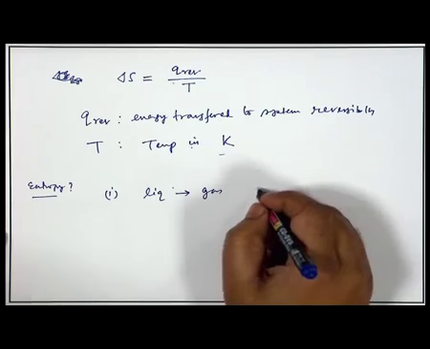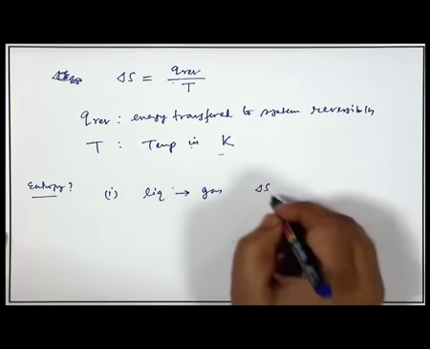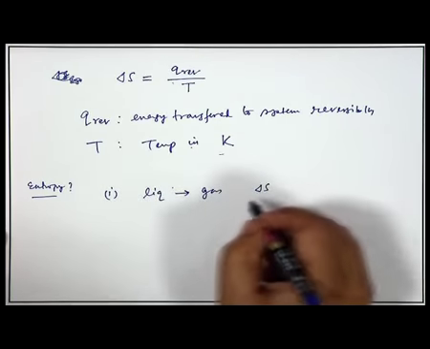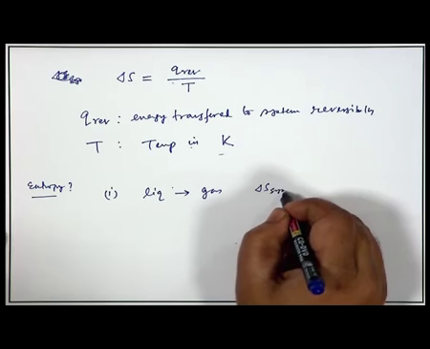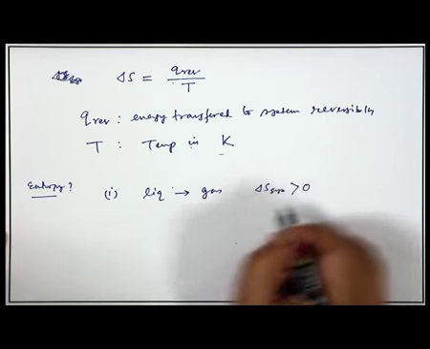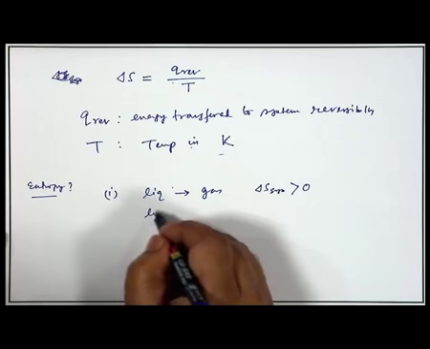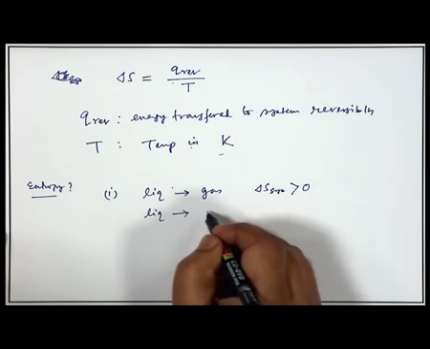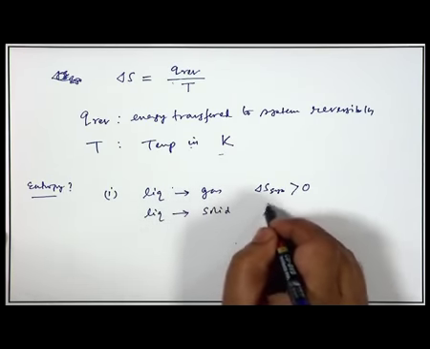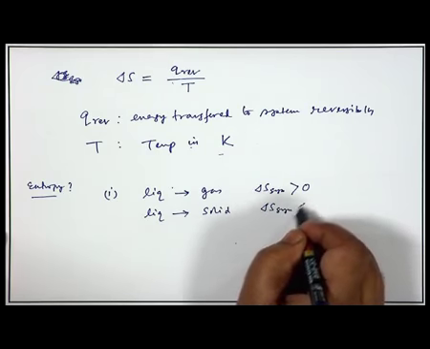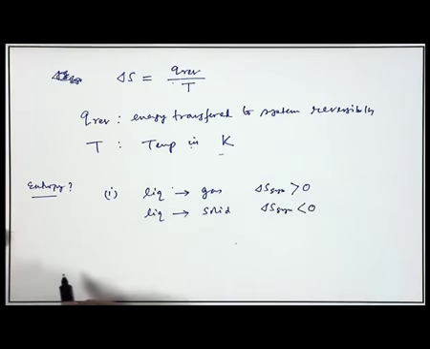What happens in this case? Delta S for the system, I am talking about liquid as a system, is positive. Now, if you talk about liquid becoming solid, in this case delta S system is less than 0, negative.